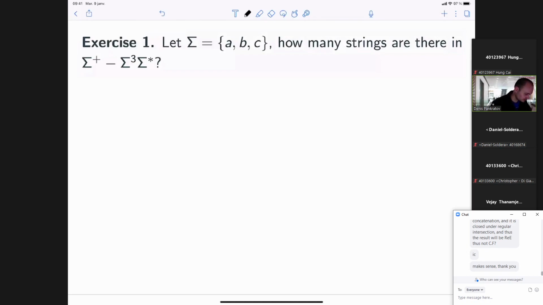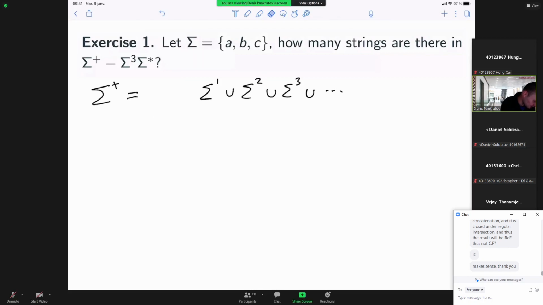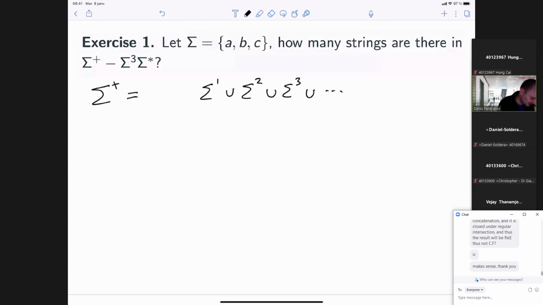The way that we can look at sigma plus is that it is an infinite union of sigma to the power 1, sigma squared, sigma cubed, and so on. I'm sorry, there is no sigma 0. That's why it's sigma plus, not sigma star. So it starts at sigma to the 1. Sigma to the 1 consists of all strings of 1 character, and there are only 3 such strings.